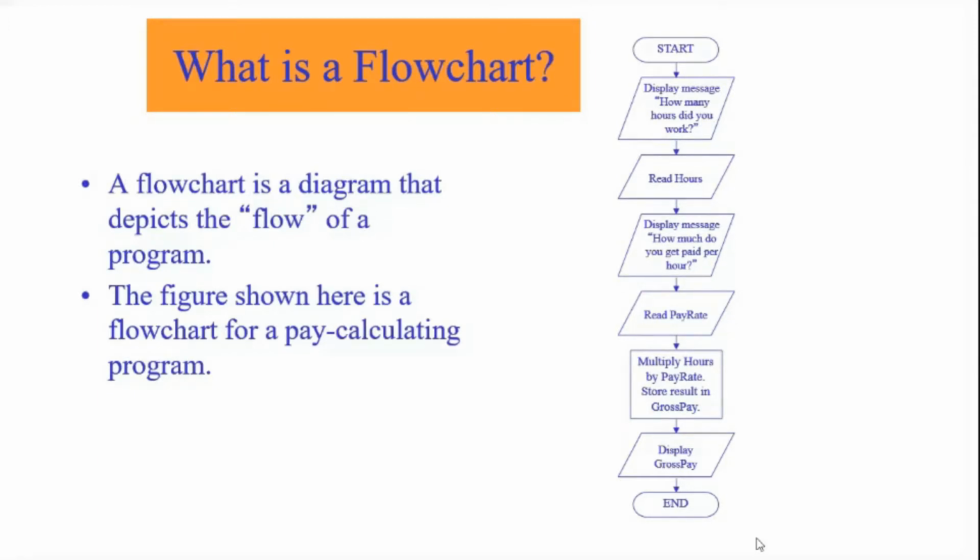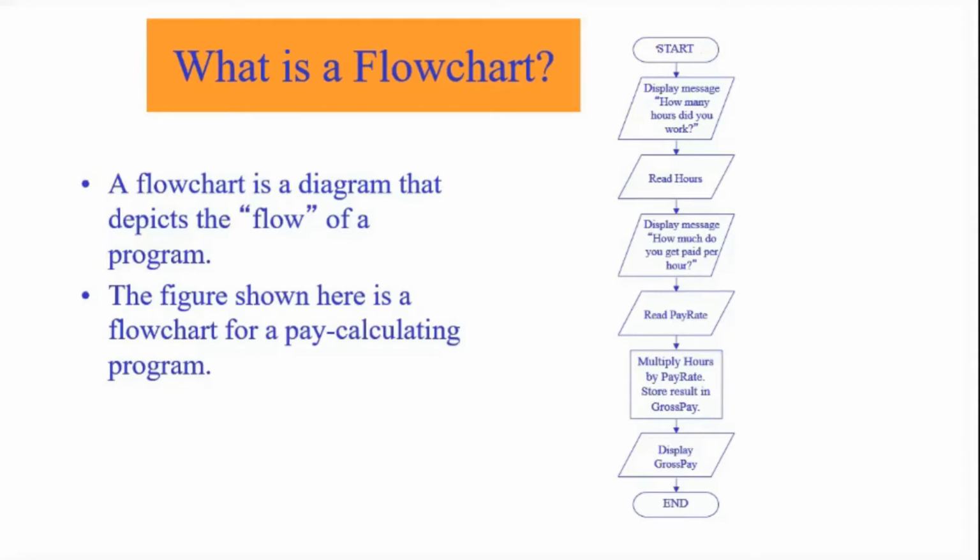In this picture, it consists of oval shapes, parallelograms, rectangles, and arrows. These are the components of a flowchart. Let's see what is written in the flowchart.